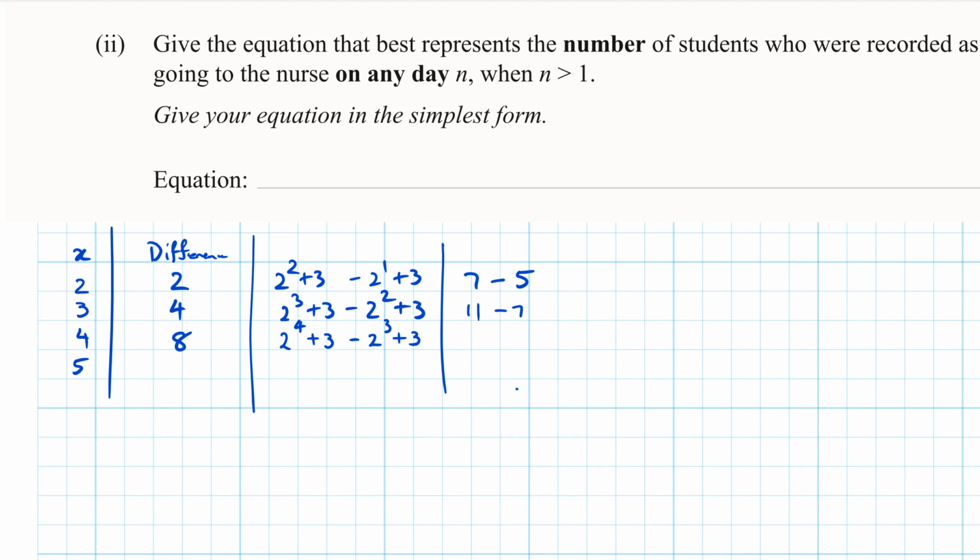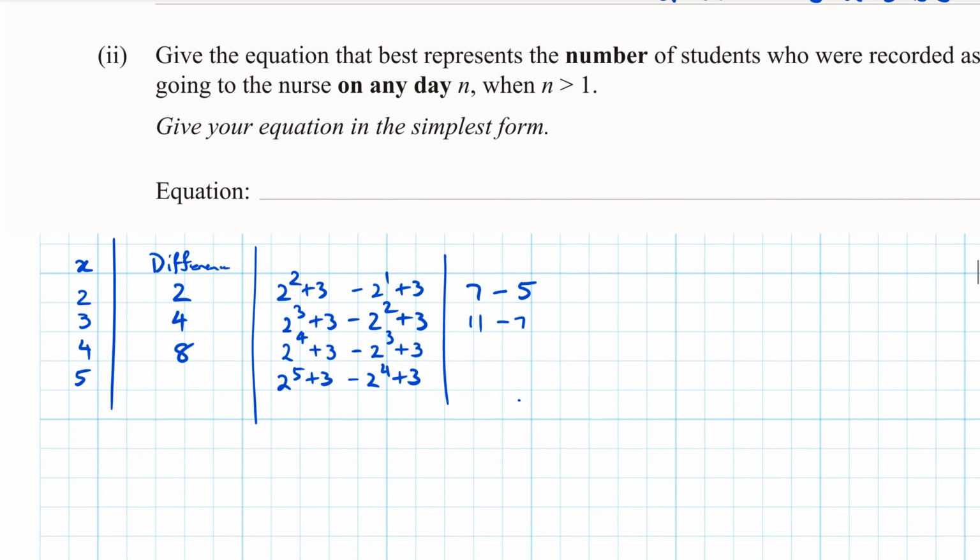And if I was to keep carrying on for the 5th one, then what I'm going to get is 2 to the power of 5 plus 3 minus 2 to the power of 4 plus 3. So 2 to the power of 5 is 32, so that's 35. Take away 2 to the power of 4 is 16, plus 3 is 19. 35 minus 19 is 16. Okay, and you can see a pattern that's forming here.